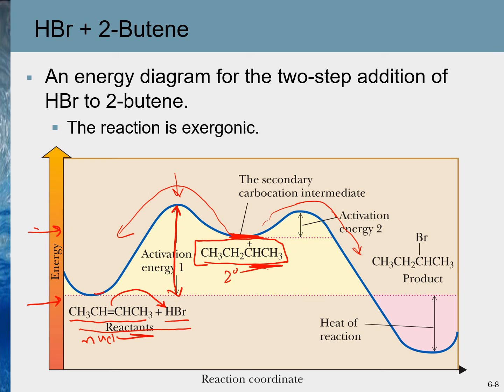In both cases, the barrier to cross is relatively small. It's not very high because the energy of carbocation is already high, so this amount of extra energy is not that high. Now, because our products are at lower energy level than our reactant, this product represents more stable state.